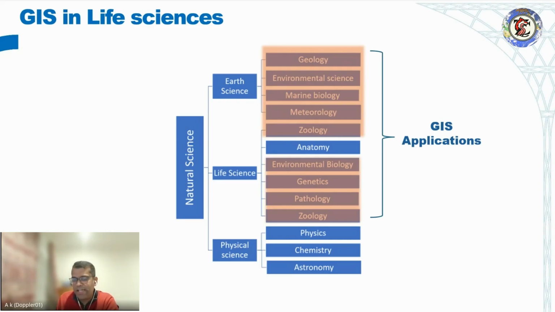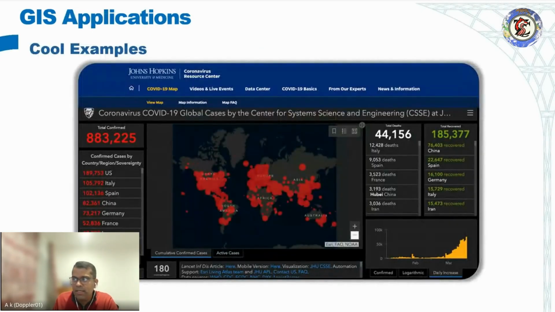I don't know about anatomy because I haven't dissected any animal for the last 23 years, so I can't tell whether GIS is used in anatomy. But I can definitely tell you that in all these other fields, including life science as well as earth science, GIS is definitely used. Some of the examples, as I said, we all saw this particular thing 4 years ago.